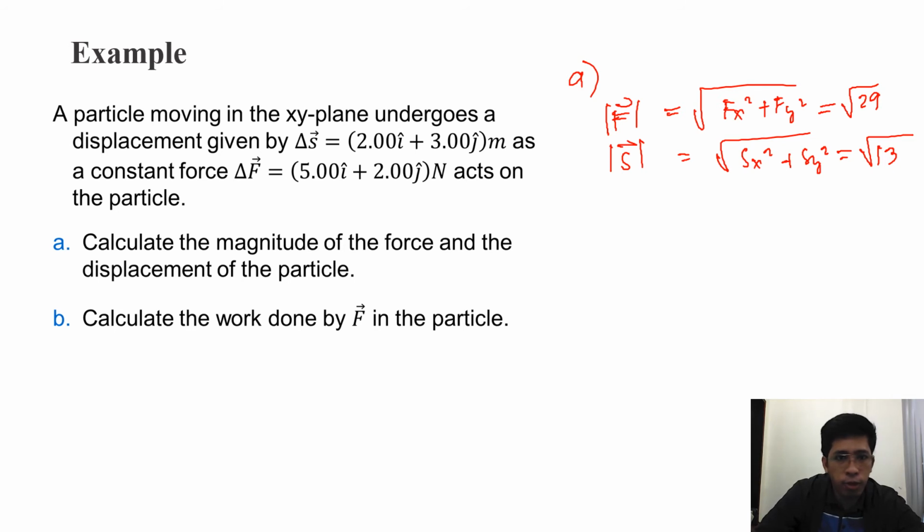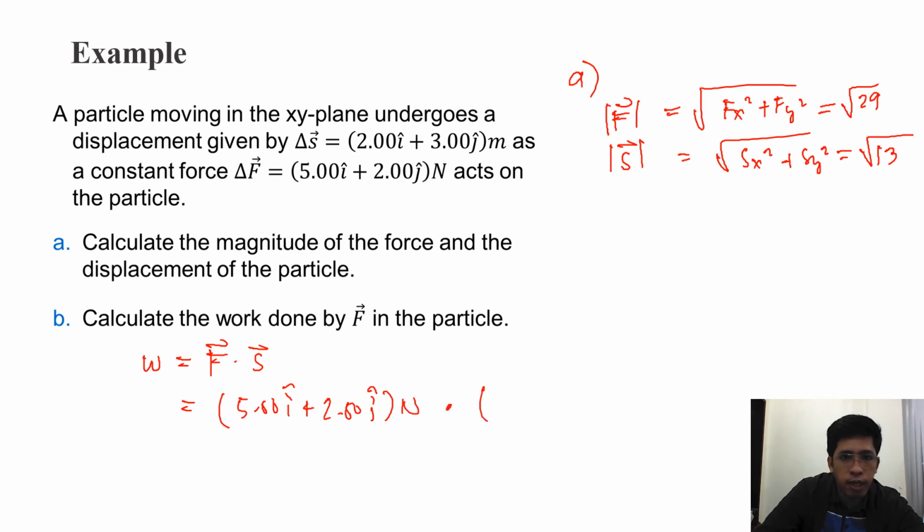But let's go to your problem B. Calculate the work done by the force on the particle. So your work done is just the dot product of your F and then your S. So here you have your 5I hat plus 2J hat newtons dot with your 2I hat plus 3J hat meters.